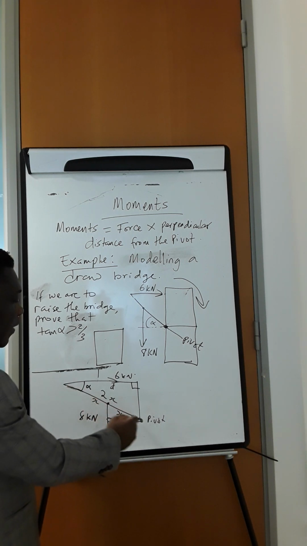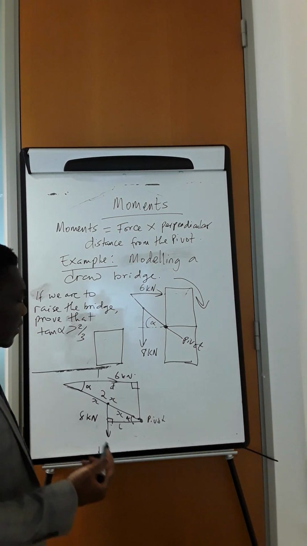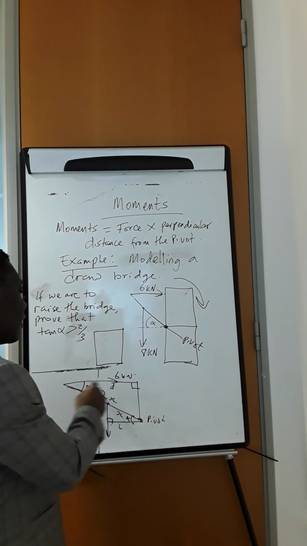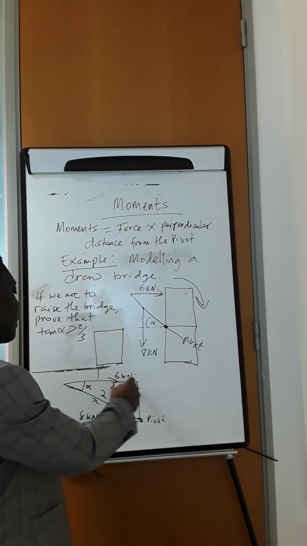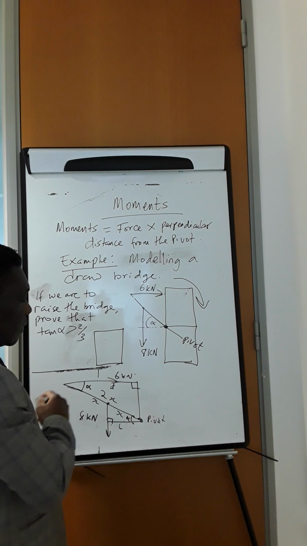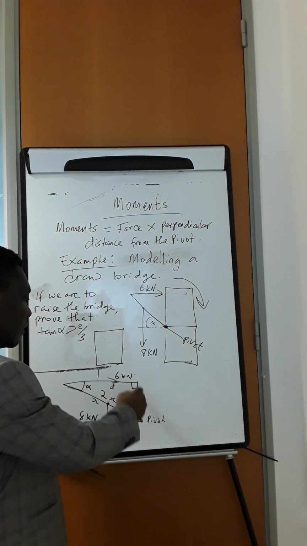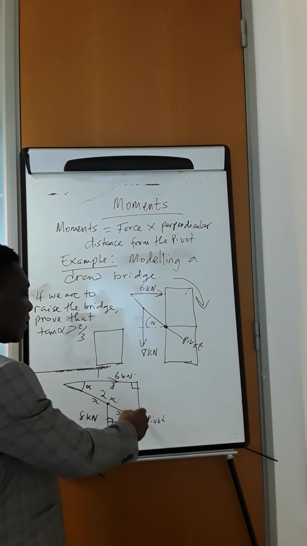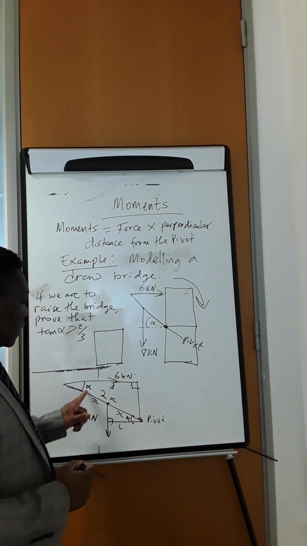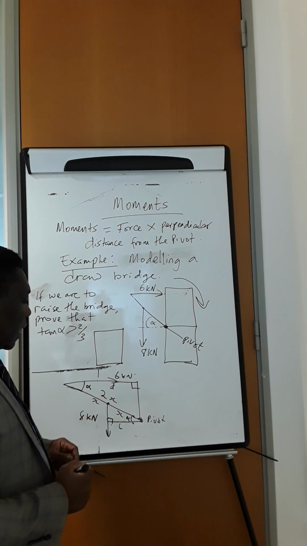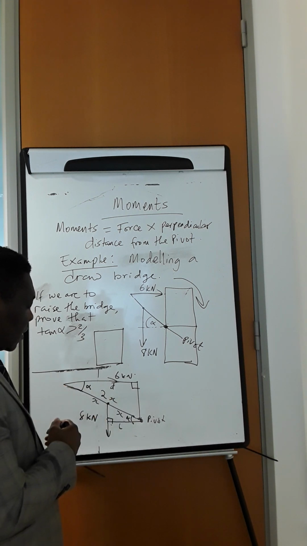Now, this is the hypotenuse here, and this is alpha. So, generally, if we want to find this distance, perpendicular distance from the pivot, then it will be opposite the angle, and the distance, which is the hypotenuse, is 2x.